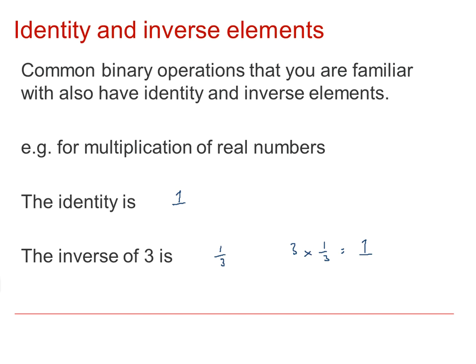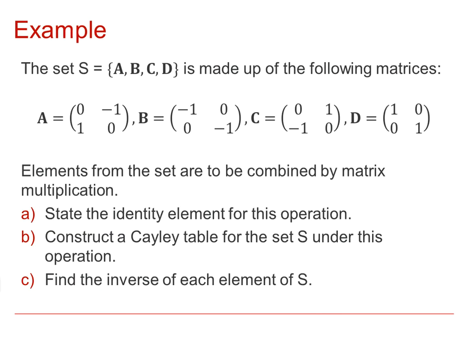And now let's go on and look at a binary operation on a set of matrices. So here we have a set of 4 2x2 matrices, which obviously, if you think about it, are transformation matrices. And we can ask about those. Is there an identity element? And then construct a Cayley table so we can find the inverses of each element.